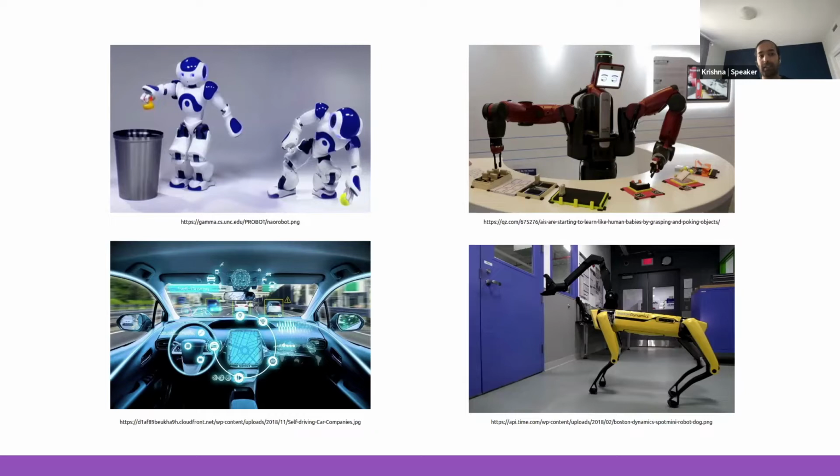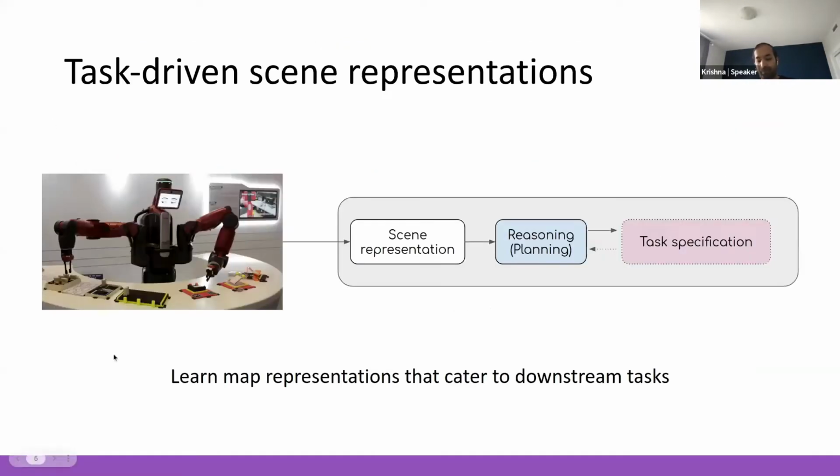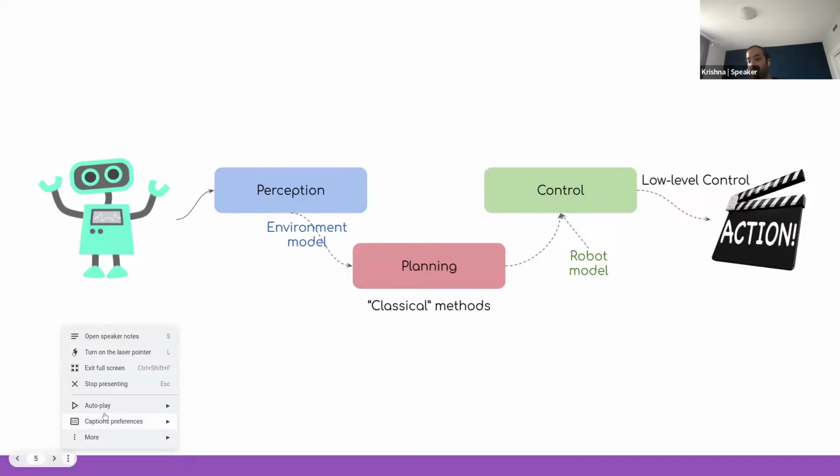So in all of these, a traditional view of these robotic systems has been to decompose them into 3 major components. You can think of a robot as having 3 major subsystems that enable it to carry out tasks in the real world.